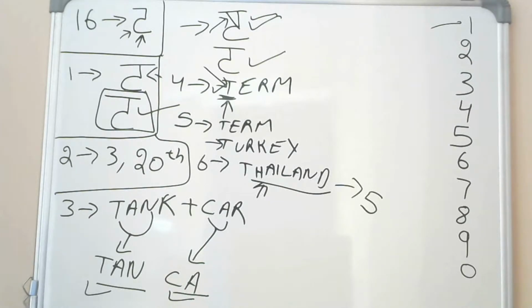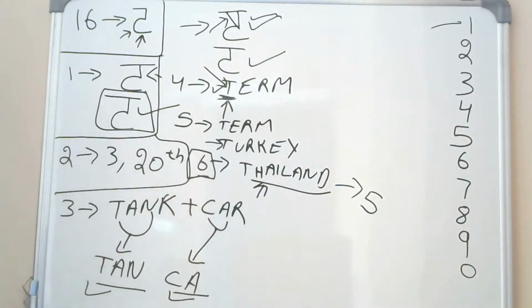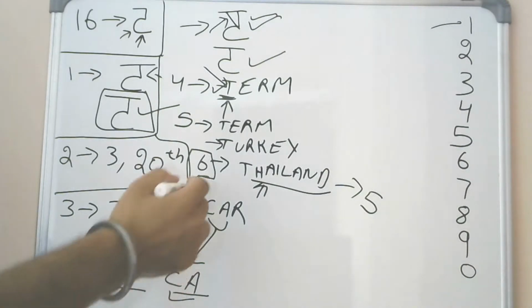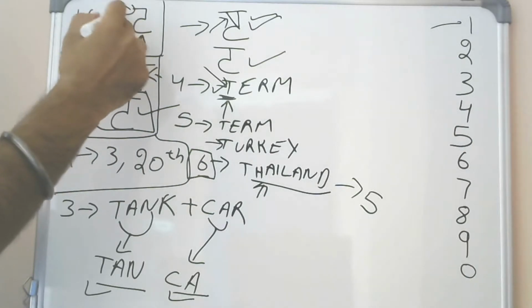If you say it as Thailand with the th sound, then it will come under the sixth step. So it all depends how you sound the word. Maybe in different countries, people will be sounding this word differently. I heard it the second way, so that's why I put it in the sixth step. So Thailand will not be starting from this letter.